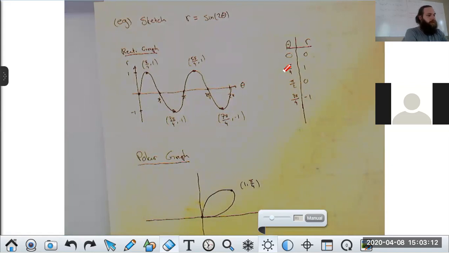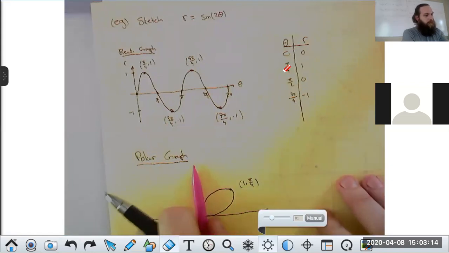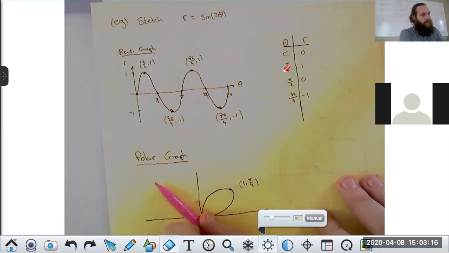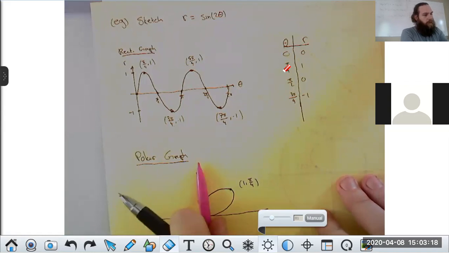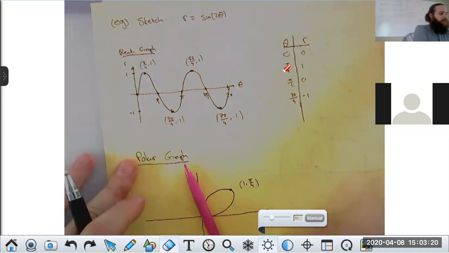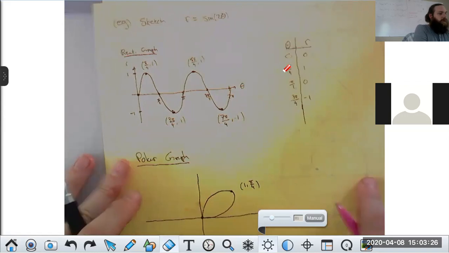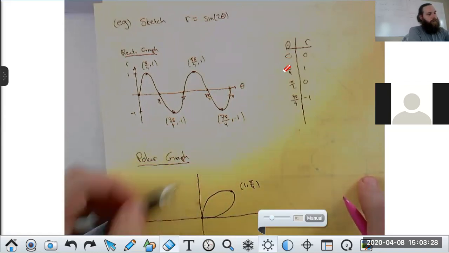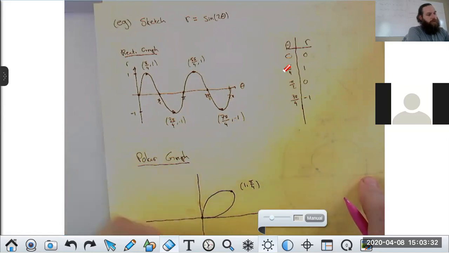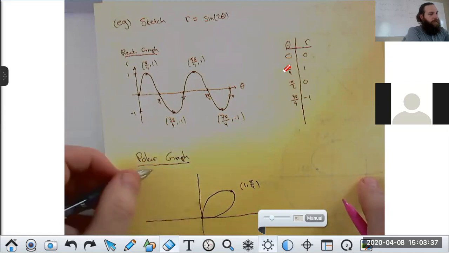Now as theta rotates past pi over 2 towards 3 pi over 4, what's happening? R is no longer 0, so we're not going to be at the origin, but it is negative now. So instead of drawing in this region here, where I normally would, from pi over 2 to 3 pi over 4, I'll be drawing in the reflected region down here. What exactly is happening?